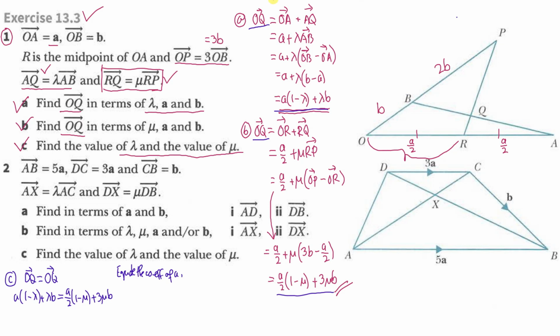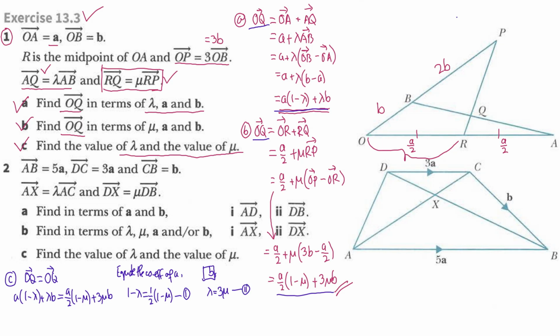The coefficient of A on the left side is 1 minus lambda, and on the right side it is half of 1 minus mu. This is our first equation. Equating the coefficient of B from both sides, lambda equals 3 mu. This is our second equation.